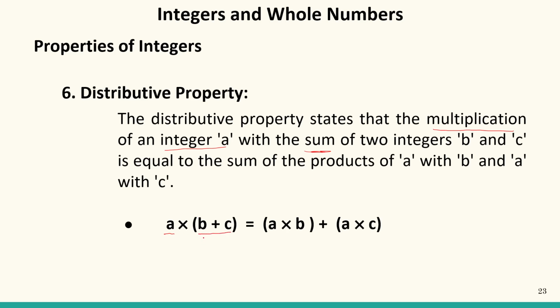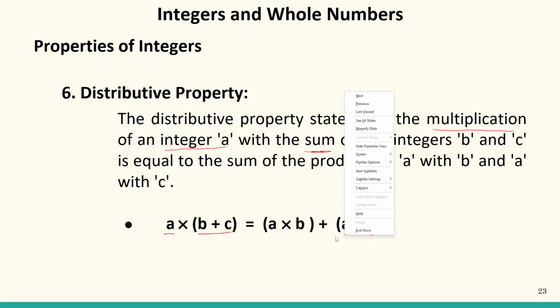Here we have two integers, b and c. We summed them and then we multiplied with a, is actually equal to a multiplied by b and added to a multiplied with c individually. These two are multiplied separately.